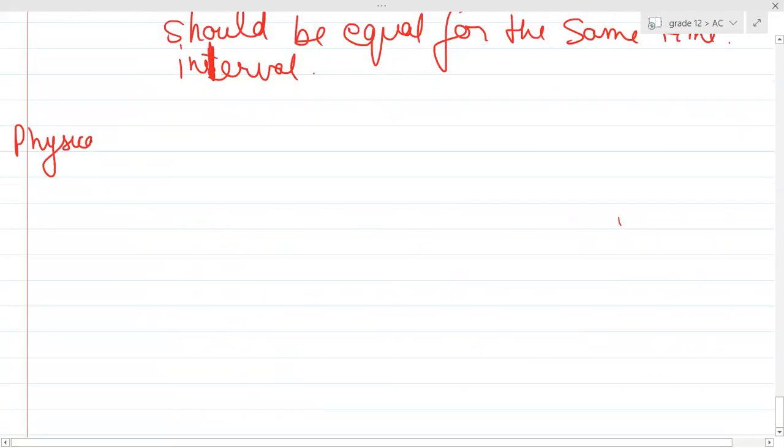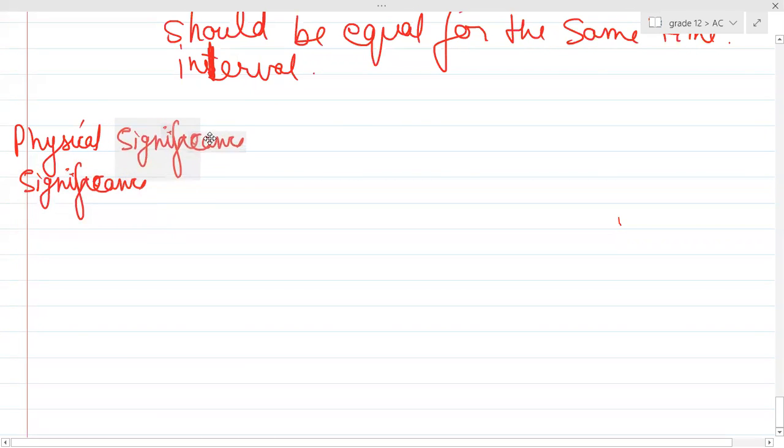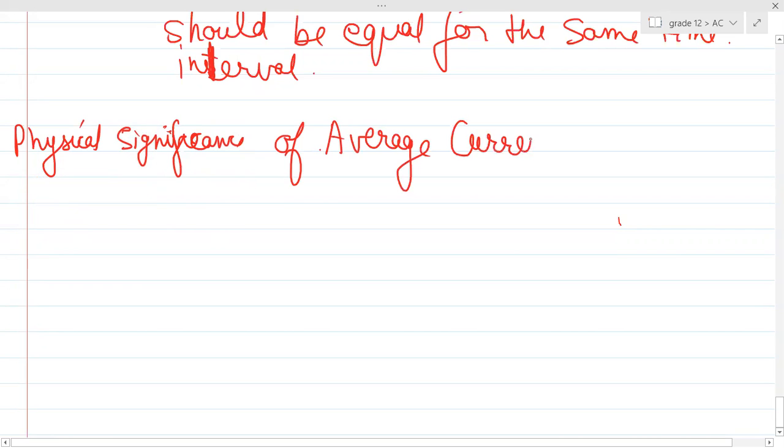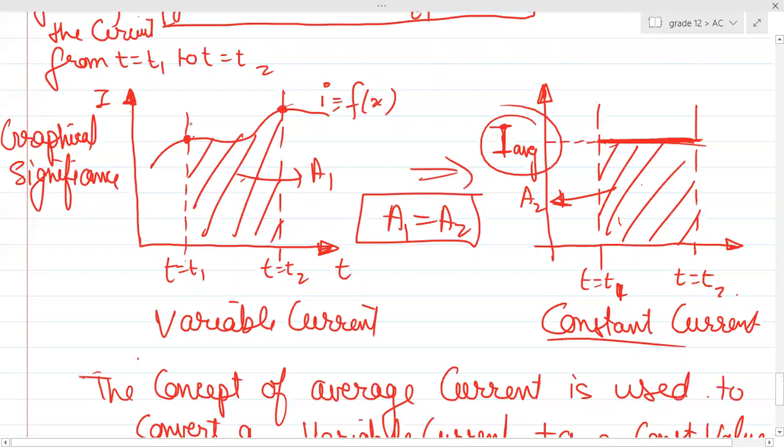Now let's try to understand the physical significance. First of all, tell me this particular thing. Physical significance is basically the definition which you'll use in school: the physical significance of average current in AC. This is the definition you will write. When you were doing the graph, you were converting this variable to a constant thing, right? This constant thing is nothing but a direct current.